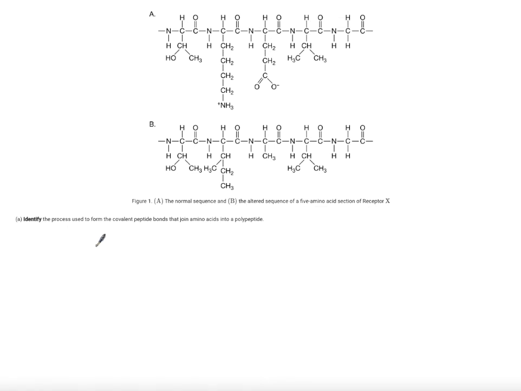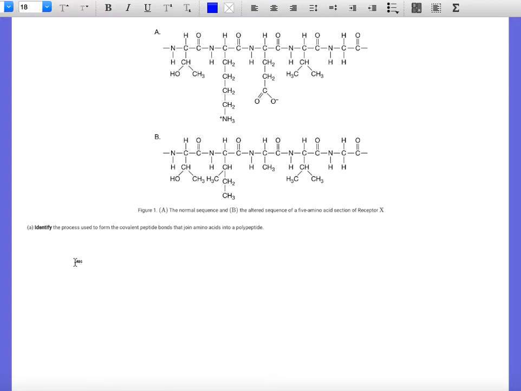Identify the process used to form the covalent peptide bonds that join amino acids into a polypeptide. Well, the important thing here is that you know that all macromolecules, in this case polypeptides, are formed from monomers.